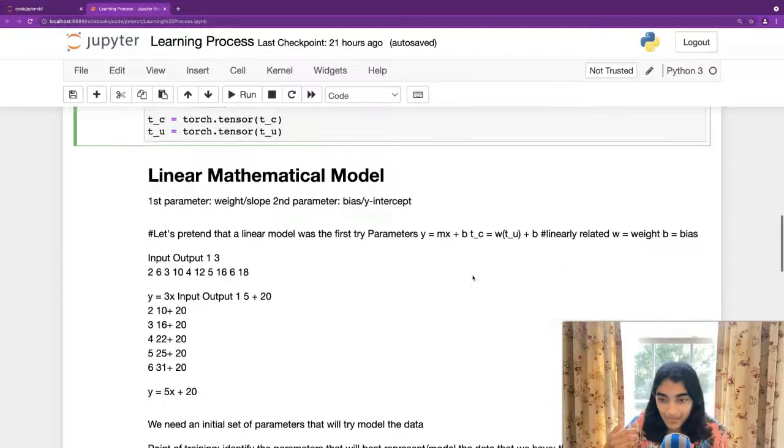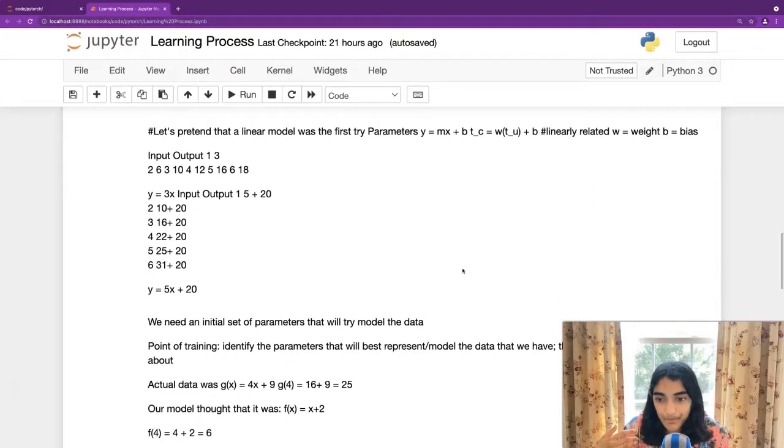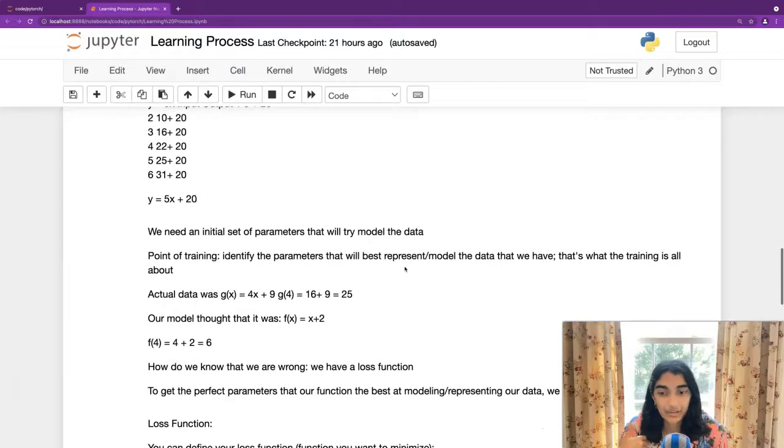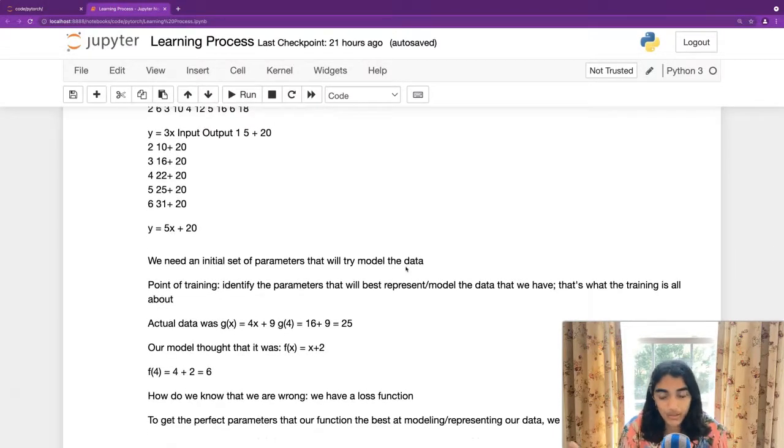Okay, so we have a linear model, and we need an initial set of parameters that will try to model our data. It's definitely going to be wrong because we are going to optimize it and change the parameters. Like I said in my previous video, we're just dealing with linear relationships right now.